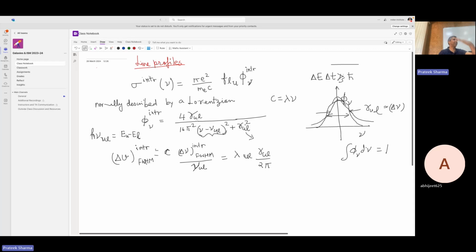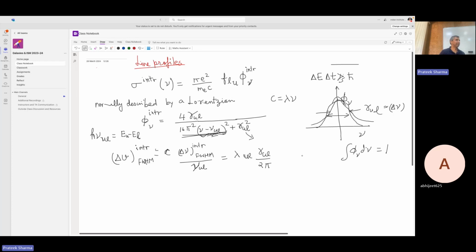When this term equals gamma UL, that corresponds to the half width at half maximum. So you double that, you get the full width at half maximum. This delta nu would just be gamma UL by 2 pi.